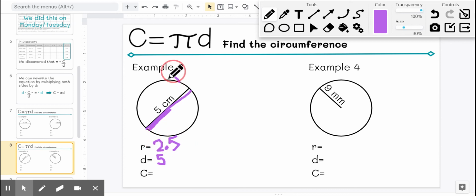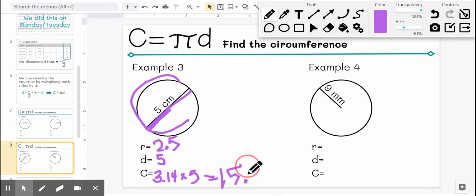And then for the circumference, which is the distance around the circle, we're going to do pi times diameter. So pi is 3.14, and diameter is 5. So I'm going to do pi times 5. 3.14 times 5. I get 15.7.